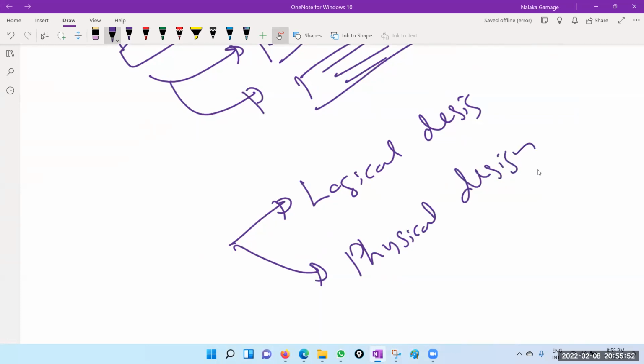Logical design means technology independent. At the conceptual level, we design the solution. For example, for a database, we can design at entity level, primary key, foreign key, indexes, without referring to a technology. We are not concerned whether we are going to use Oracle or MySQL or Microsoft SQL.